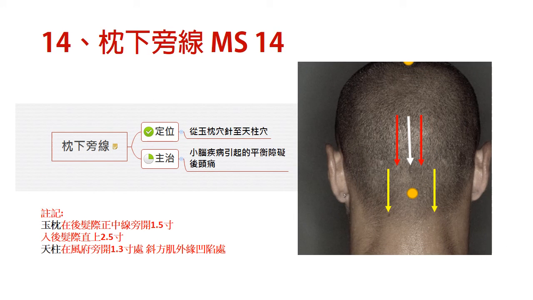Last one, MS14, a lower lateral line of the occiput. MS14, location on the occipital area, 2 cun long line, starting from bladder 9, straight downward.